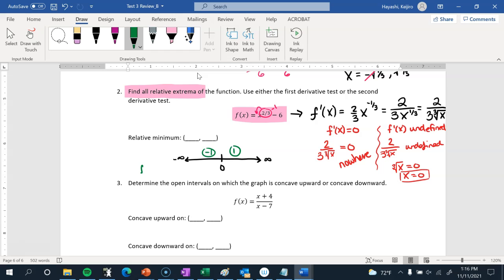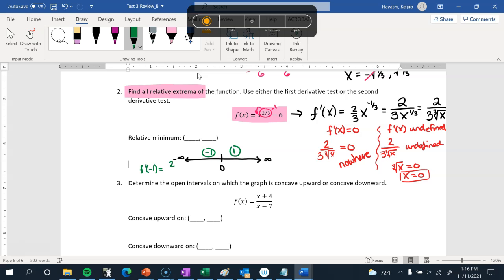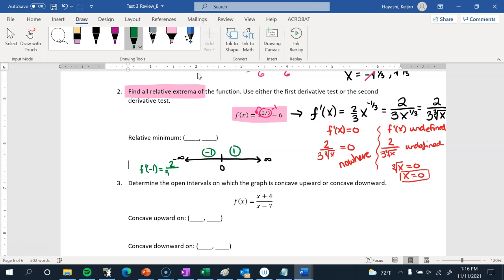So for the left interval, you'll want to test -1 by plugging -1 into f prime, which just means thinking about the sign of 2 over 3 cube roots of -1.